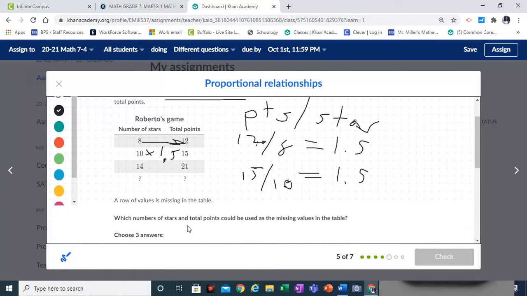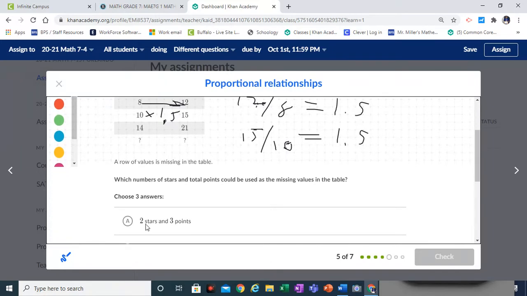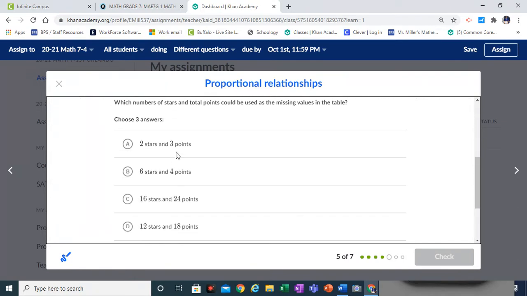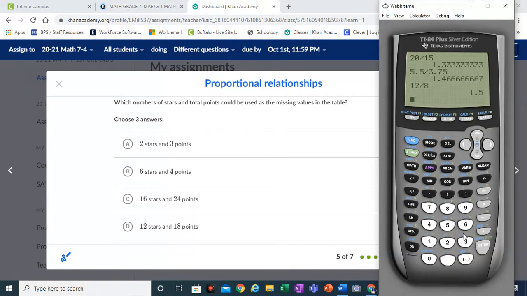So we need to find an answer down here that works. If we multiply stars times points, we get that answer, or we can do points divided by star. Either way. For points per star, 3 divided by 2, we get 1.5, or 2 times 1.5 is 3. Either way, you could do this and it works.